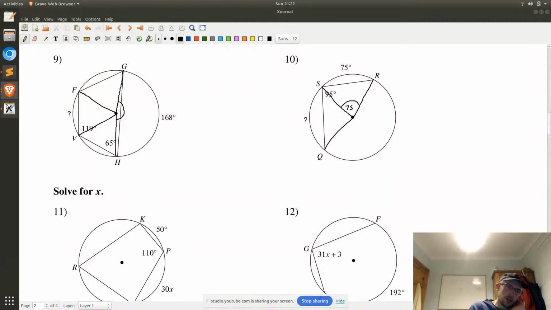All right, offset angles add up to 180. How does that help, though? I have no idea.